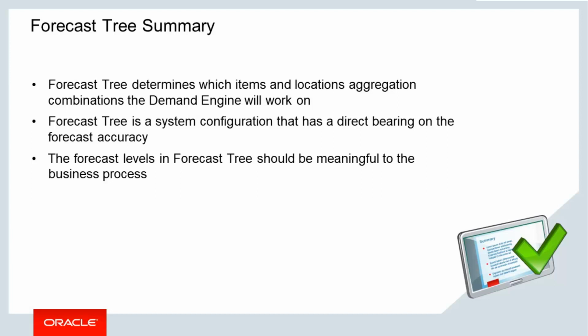This is one of the first setups that need to be done by the customer after careful analysis of the sales history and after discussion with business users. The forecast levels in the forecast tree should be meaningful to the business users. It is useful for the forecast tree to include the level on which accuracy is measured if possible.